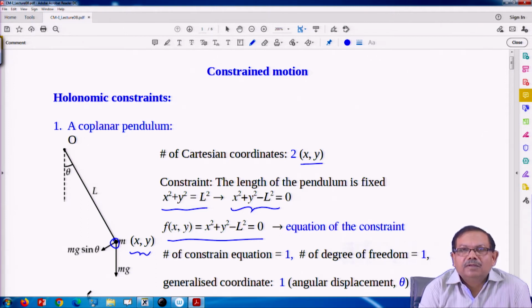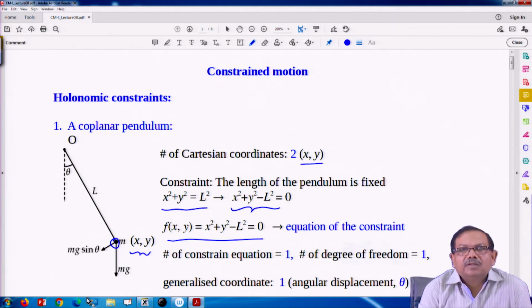So, I do not mean here the same thing. Here I mean a particle is free to move, let us say, in a plane, and it is not connected with any point on that plane. Then it will have two independent coordinates. In Cartesian coordinates it is x and y. So, they are not connected with any constraint.